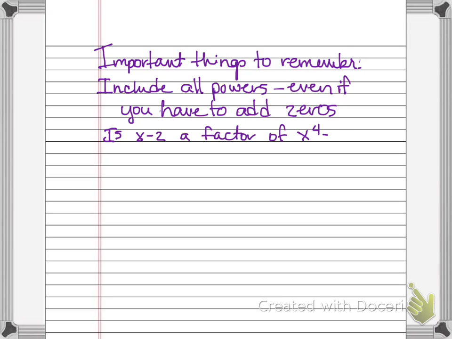Is x minus 2 a factor of x to the fourth plus 4x, plus 0x cubed plus 0x squared plus 0x? Notice that I have added in the factors of the missing powers. I use a coefficient of 0, so I've not changed the expression at all, but you must account for every single power in descending order.